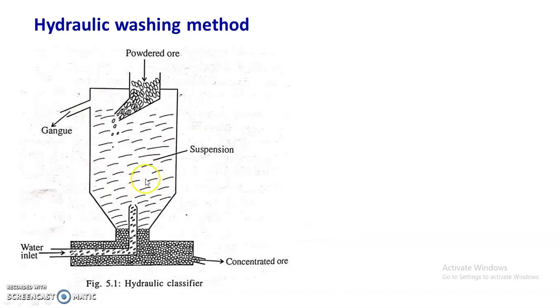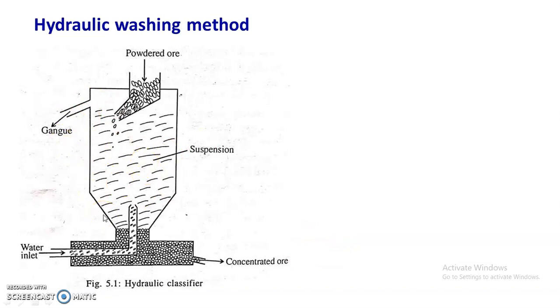For example, this method is commonly used for oxides such as hematite, oxides of gold, silver, and ores containing lead, tin, because these ores are heavier than the silicates or gangue particles. Now in the hydraulic washing method, there is a use of a hydraulic classifier. This is the hydraulic classifier.